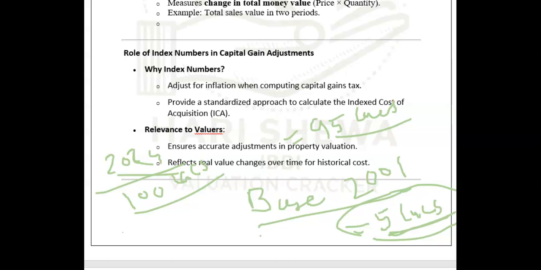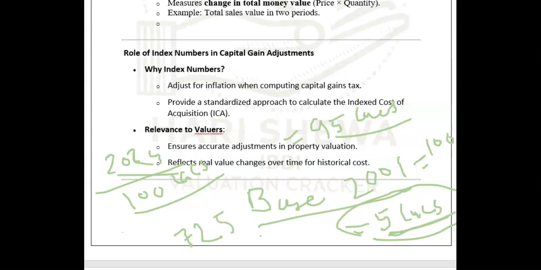So with the help of index number, in the base period say the index number is 100. Now the index number is 725.